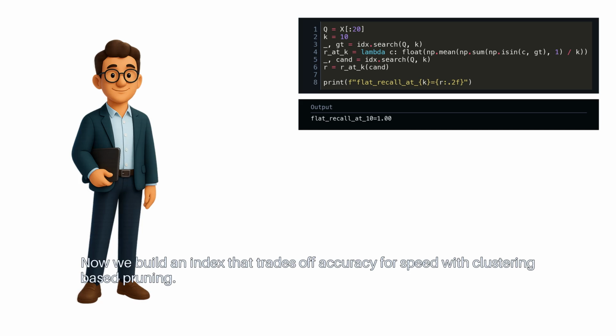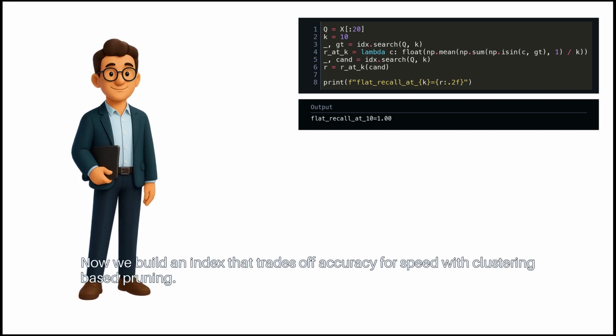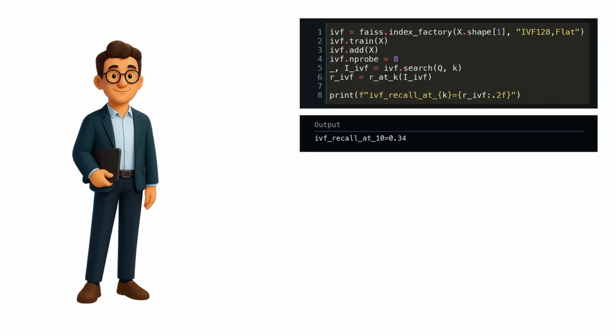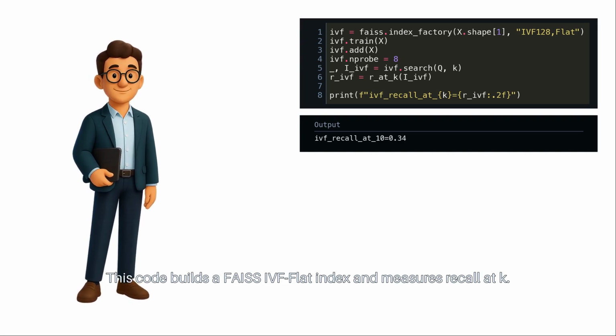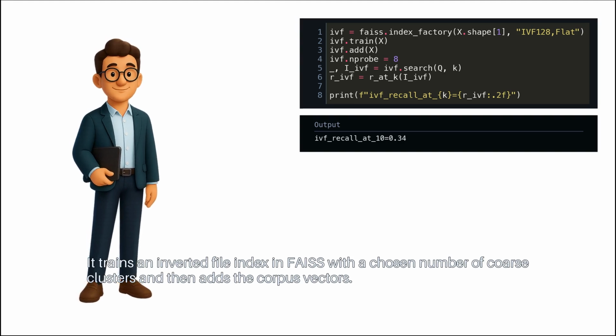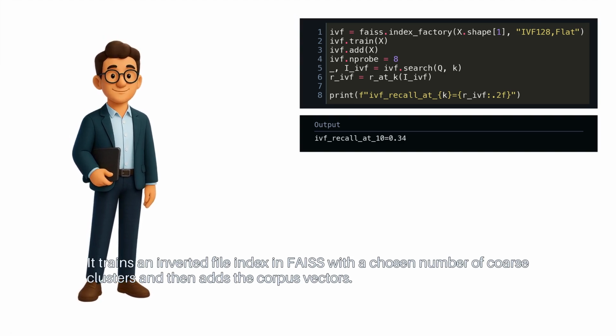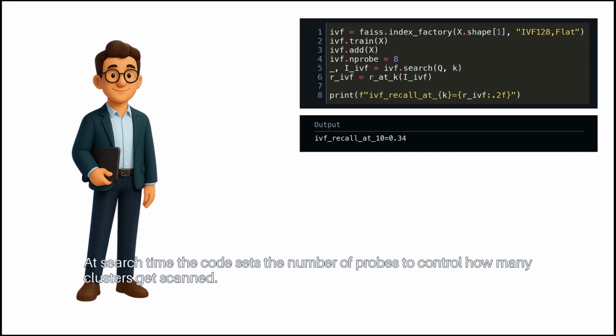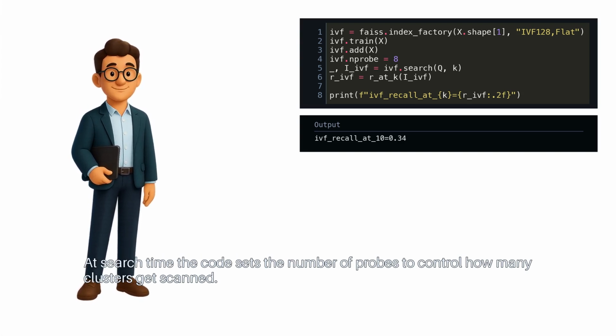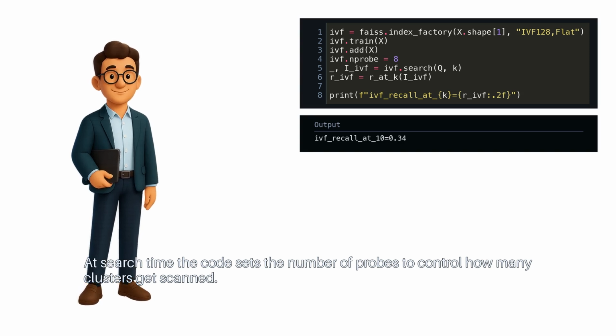Now we build an index that trades off accuracy for speed with clustering-based pruning. This code builds a FAISS IVF flat index and measures recall at K. It trains an inverted file index in FAISS with a chosen number of coarse clusters and then adds the corpus vectors. At search time, the code sets the number of probes to control how many clusters get scanned.